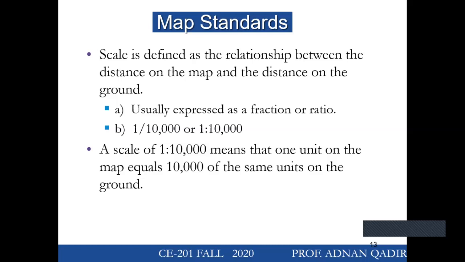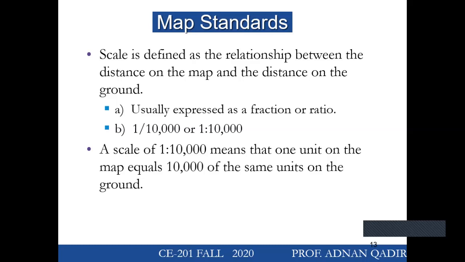So logically, even though the units are not mentioned here, the paper unit, that is one, should be maybe 1 centimeter, 1 inch, or 1 millimeter, not more than that. When we say 1 millimeter, I mean 10,000 millimeters on the ground. When we say 1 centimeter, I mean 10,000 centimeters on the ground. And 1 inch means 10,000 inches on the ground. So don't get confused with this ratio, because the paper is not big enough to draw say 1 meter.